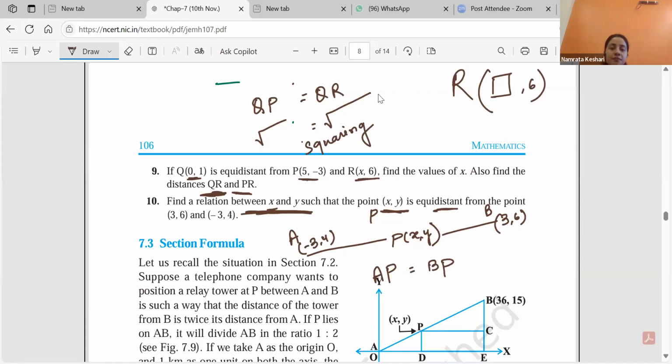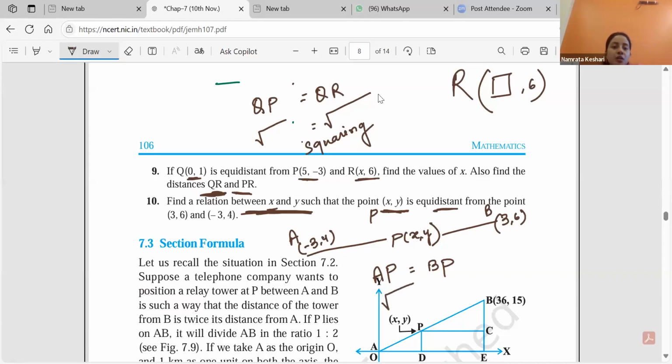Ma'am, distance formula or midpoint theorem? Distance formula. Midpoint theorem you can use, but so far we have not discussed it, and this question is not about finding the x and y value. This question says to find an equation. So the distance formula will give you an equation.